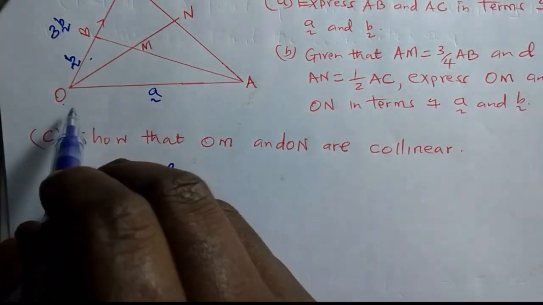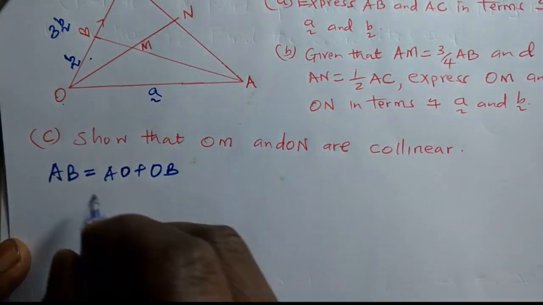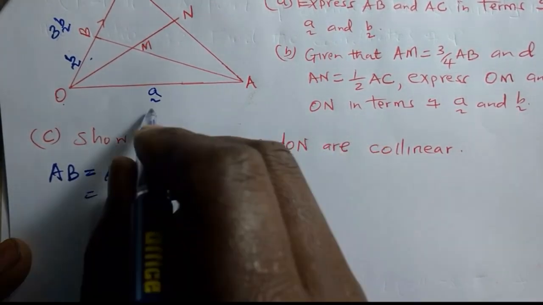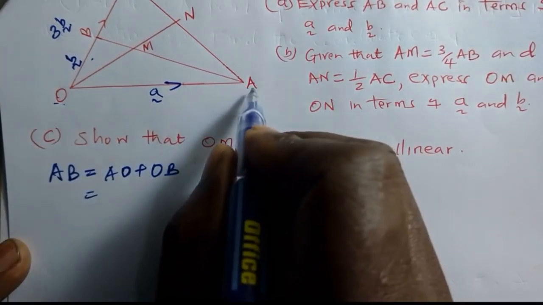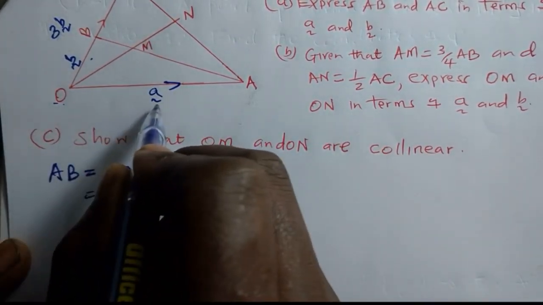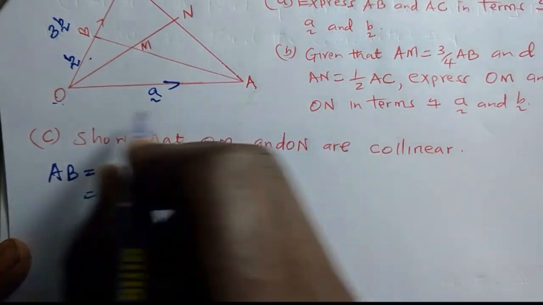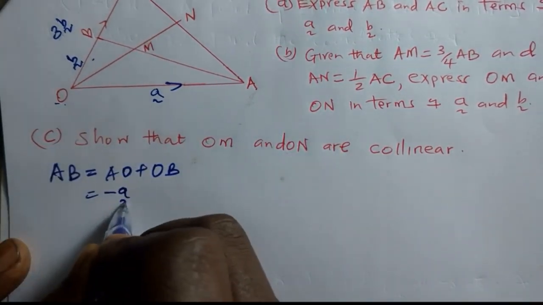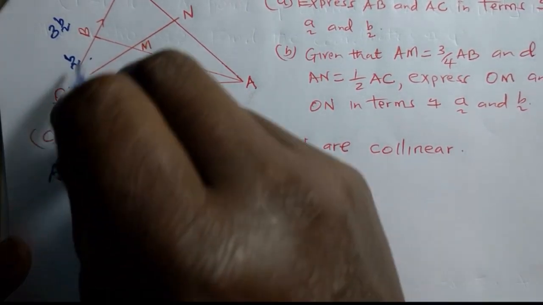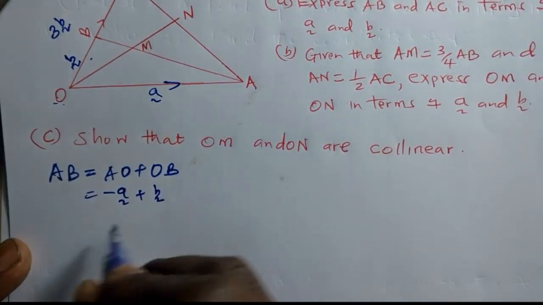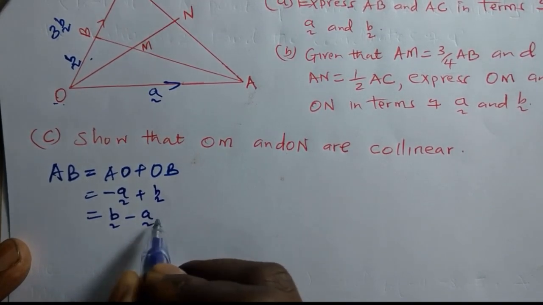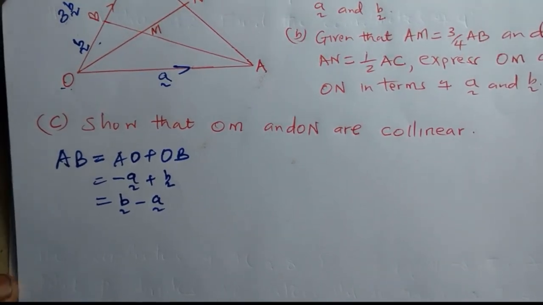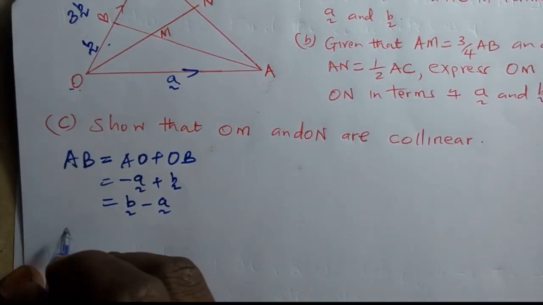Remember, this vector is going OA. Whenever you are coming from OA, the vector becomes negative. So AO is negative A plus OB. OB is B. This is the same as you start with a positive B minus A. That is the vector.